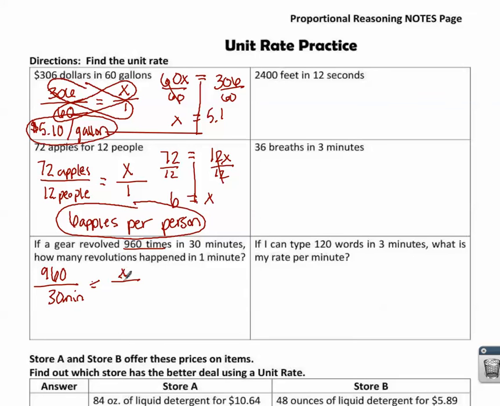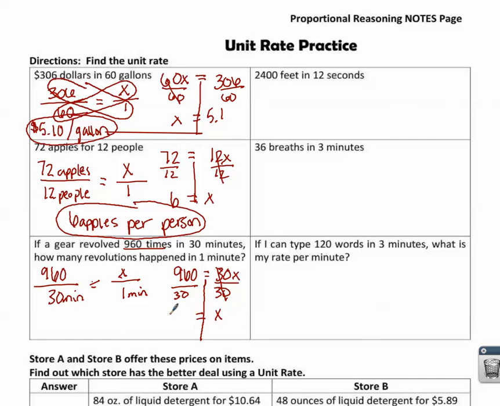So how many times for 1 minute? You notice that revolutions is on top, minutes is on the bottom. 960 times 1 is 960. 30 times x is 30x.